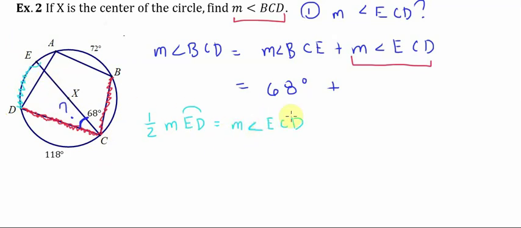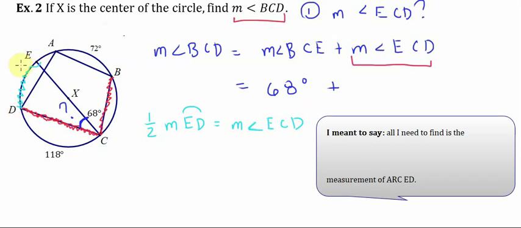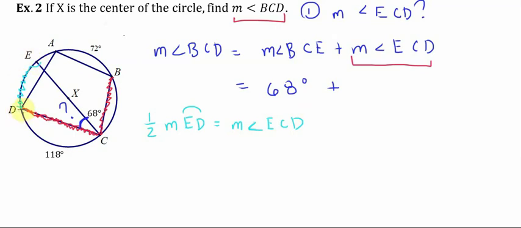So if I want to find the measurement of angle ECD, all I need to find is the measurement of arc ED. So what I want to do is look at the surrounding arcs that I have and see if I can figure out anything about ED using that information. So one thing that is very helpful here is that I have a diameter right here. And so my points E and C are lying on this diameter.